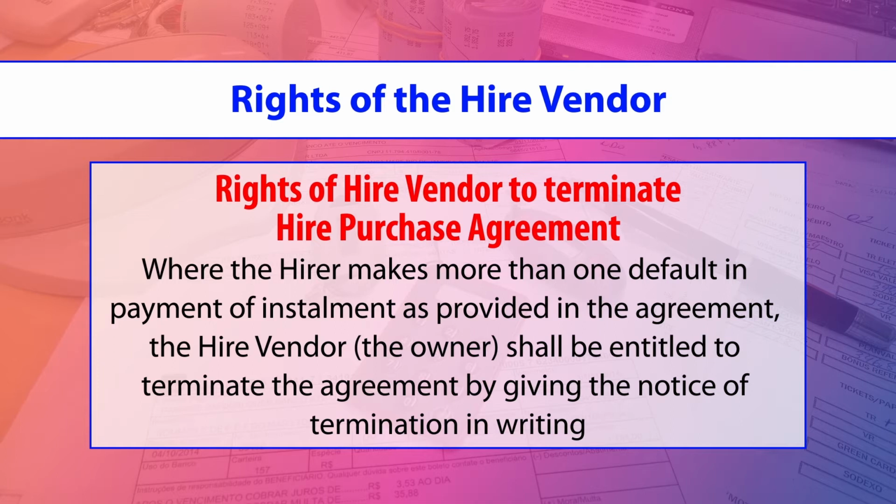The hire vendor shall be entitled to terminate the agreement by giving notice of termination in writing. The hire vendor will write to the hire purchaser that you could not fulfill your promise, therefore I am terminating this agreement which was taken between you and me.